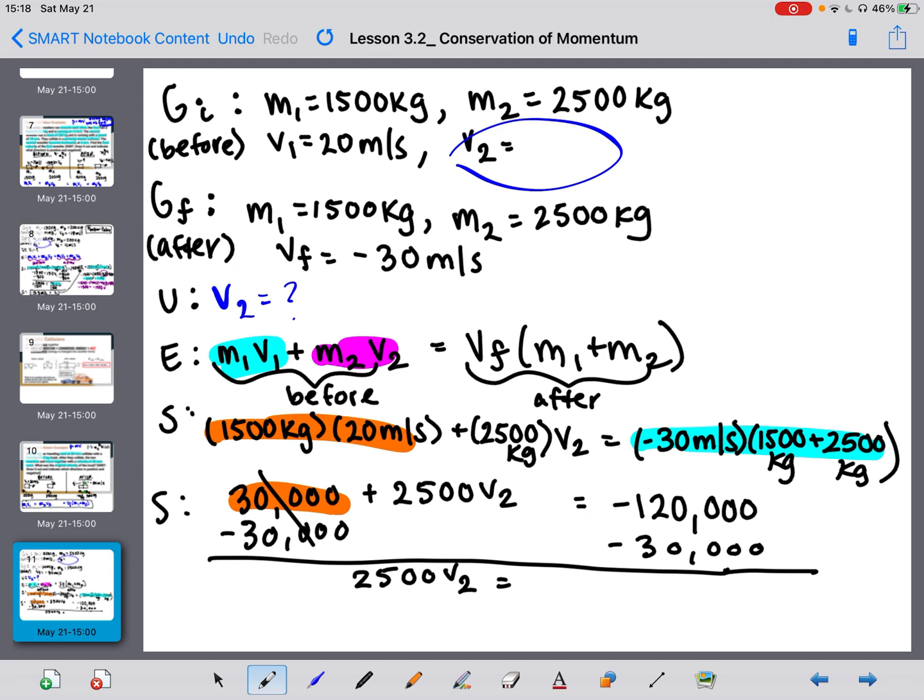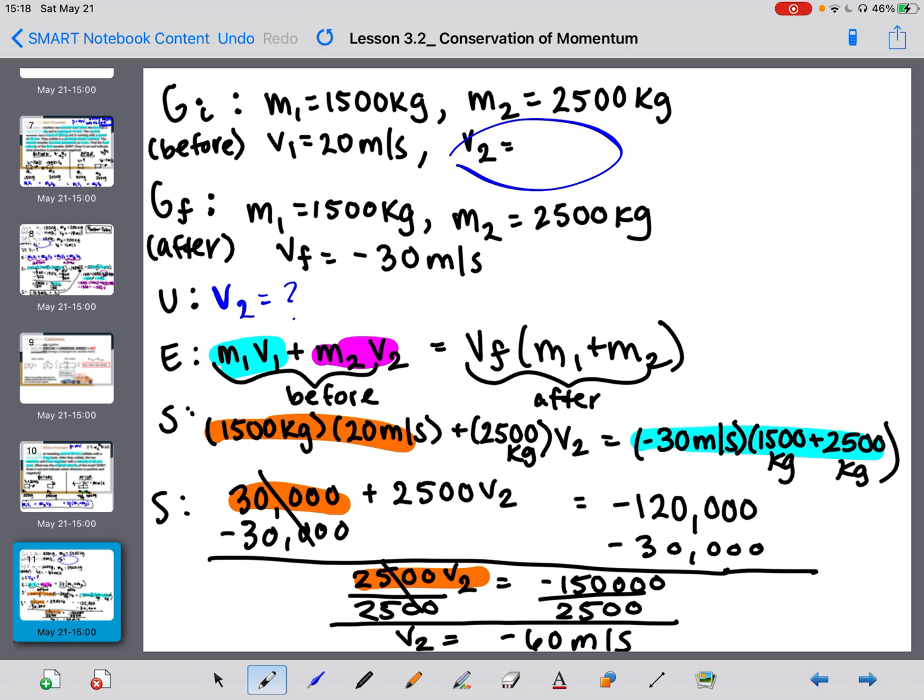So negative 120,000 minus 30,000 gives you negative 150,000. In order to break this up, they're combined by multiplication, so you divide, because that's the inverse operation of multiplication, and negative 150,000 divided by 2,500 is negative 60 meters per second.